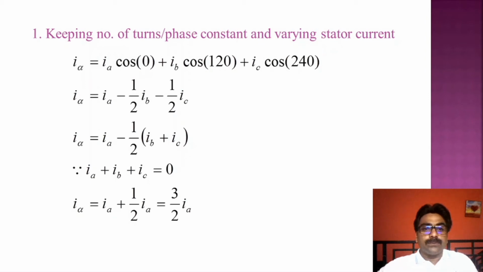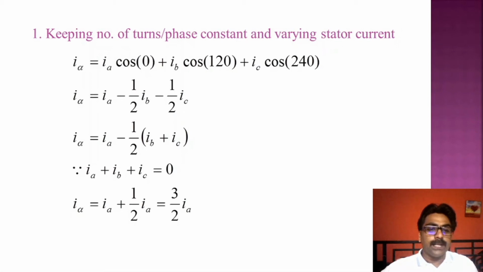The values for cos 120 and cos 240 are minus 1 by 2. Therefore, you can rewrite the equation as I alpha is equal to Ia minus 1 by 2 Ib minus 1 by 2 Ic. All the equations shown here show how the equation is rewritten in order to get the final equation.